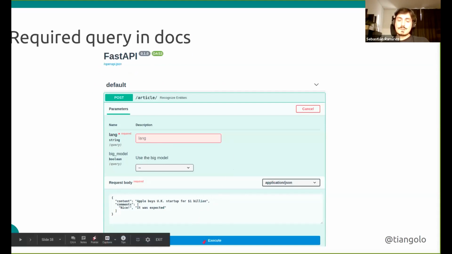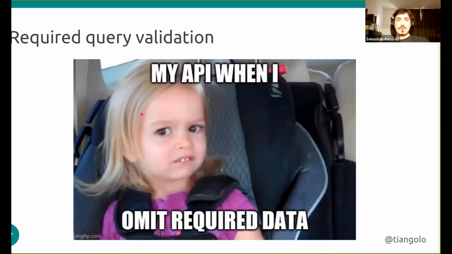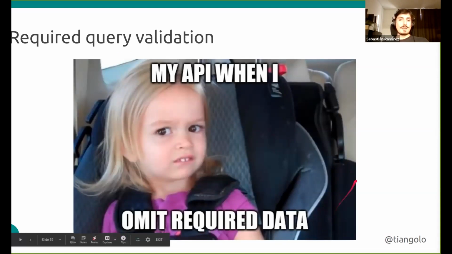If we try to execute this request as it is, even the user interface won't let us before adding the required query parameter. And if you use curl or code to call this directly, you will get a validation error if you send something without the required query parameter. So when you send data without the required parameters, your API won't let it pass through.